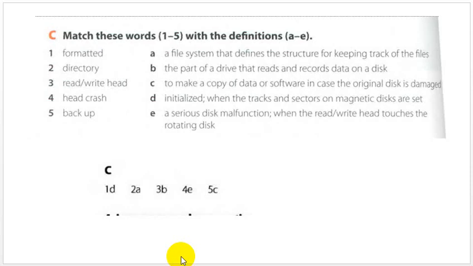And the other is directory. Directory, a file system that defines the structure for keeping track of the files. These are the words, and these are the meanings of the words. Please do it by yourself. If you can't, here is the answer key.